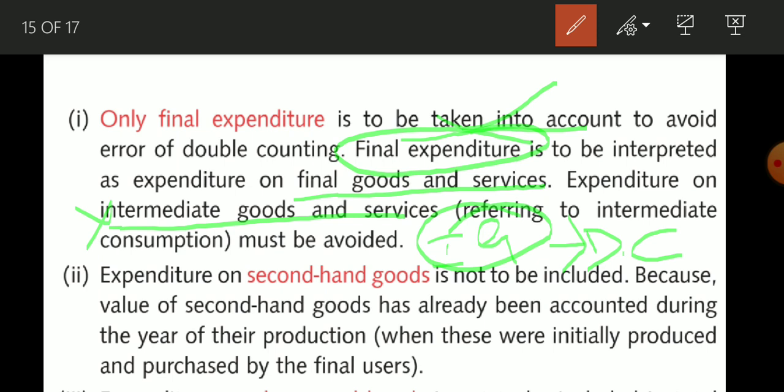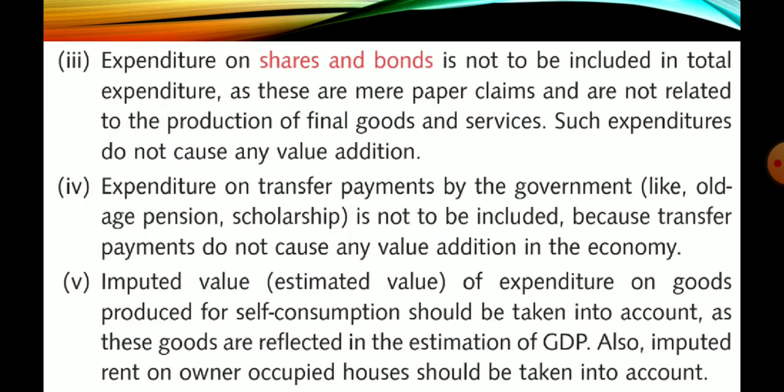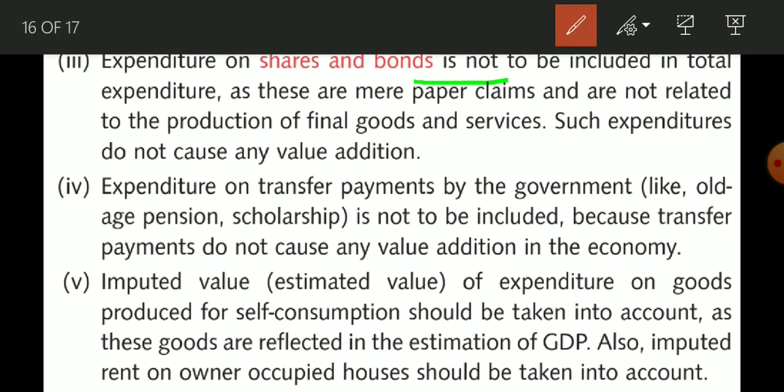Now, expenditure on second hand goods is not included, but whatever commission is given on second hand goods is included. Next, expenditure on shares and bonds is also not included in the estimation of national income. Why? Because it does not give any increase in the production of goods and services.